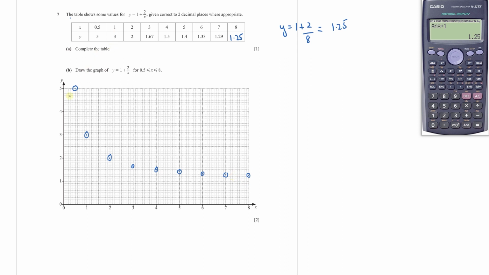So let's draw a smooth curve for these points. So this will be your curve for this equation.